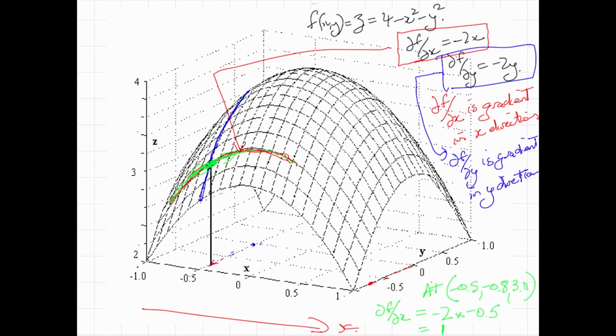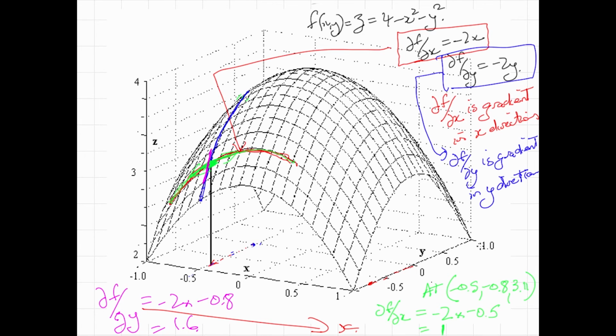If we want to find the gradient at this point here, going in this direction, partial df dy would be, it was minus 2y, so minus 2 times the y value at that point, which is negative 0.8, so that'll be 1.6. So the gradient here, going in that direction, will be equal to 1.6.